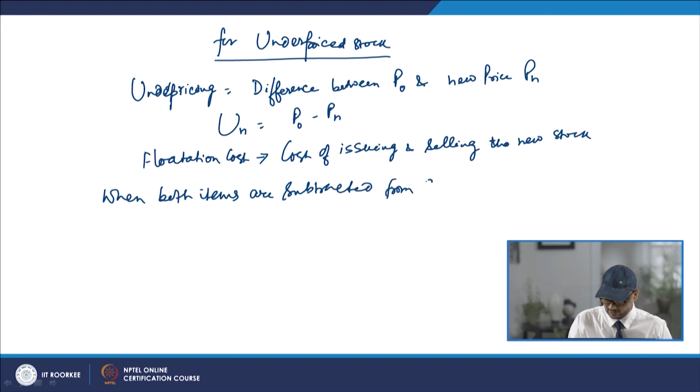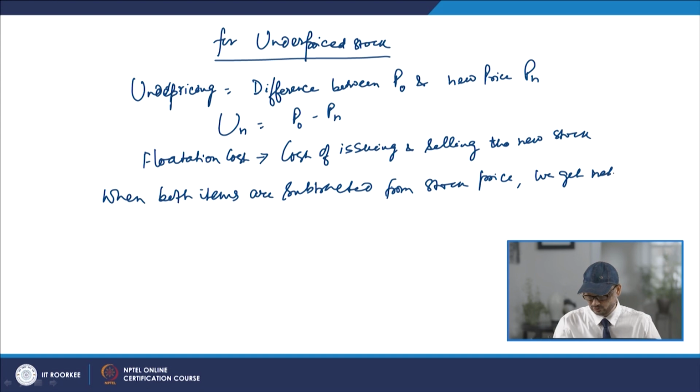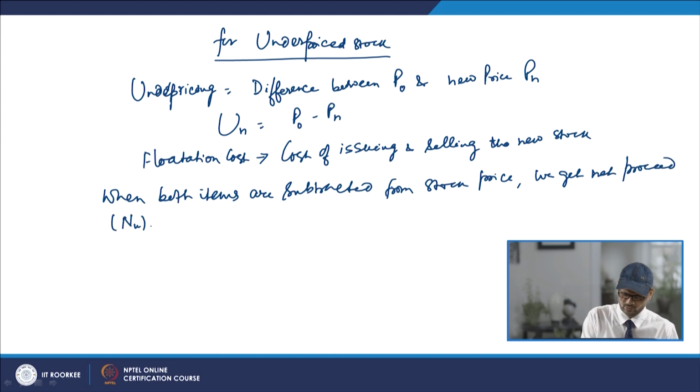That is known as NU, because of the underpricing, and the net proceed NN. So that is net proceed NN, and it will replace the P naught.